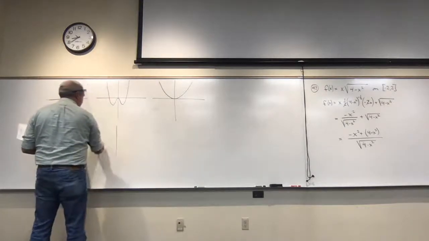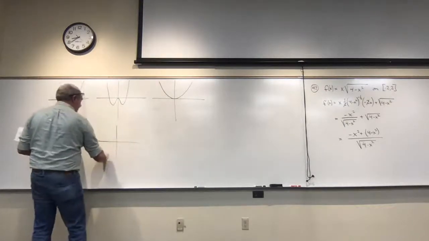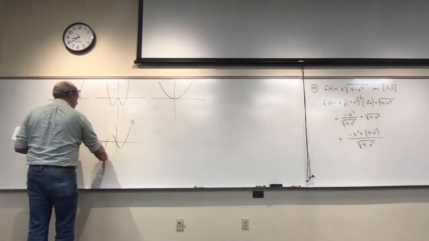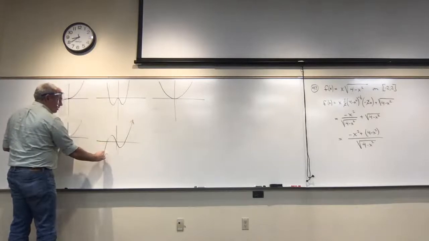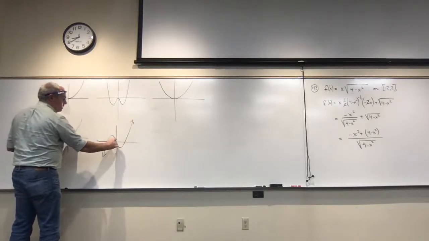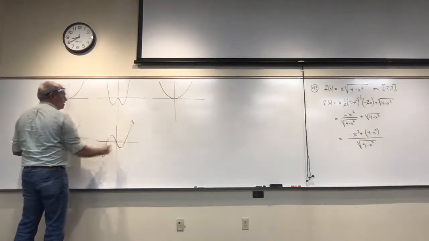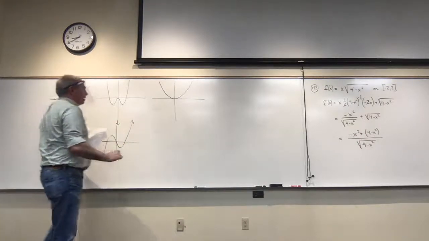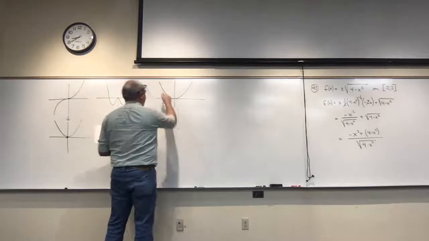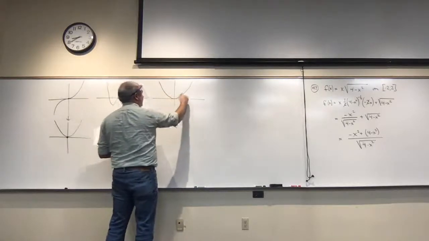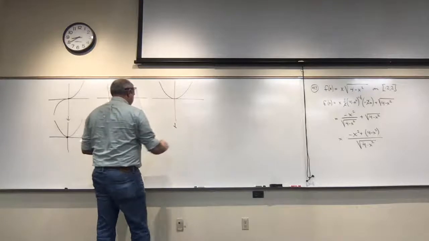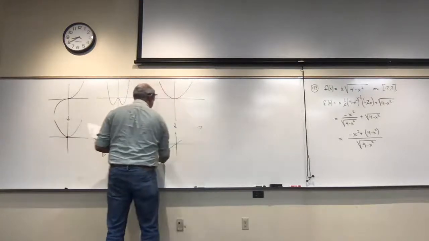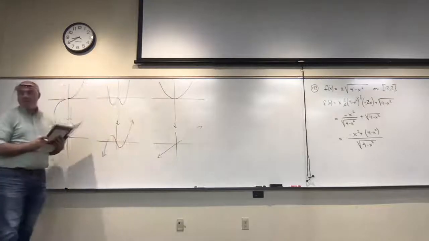So this matches up with this guy, and this matches up with this guy, which means this one has negative slopes, and then it switches to positive slopes. So it must be negative, and then change to positive.